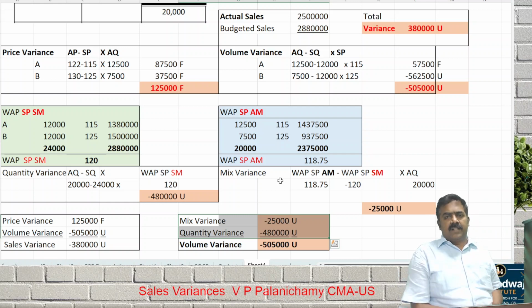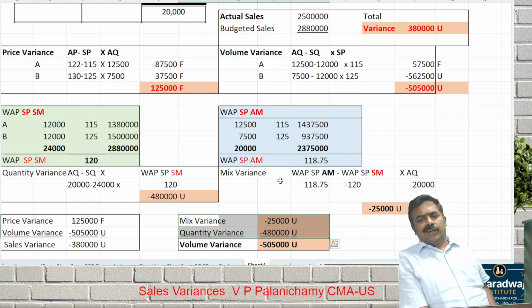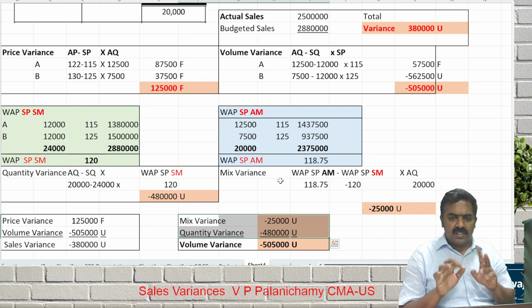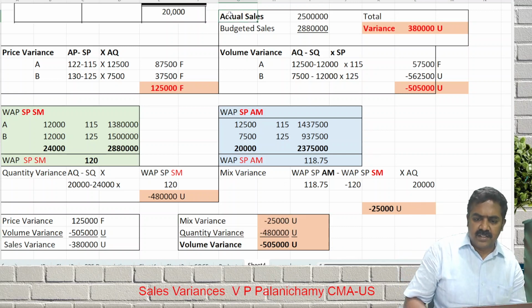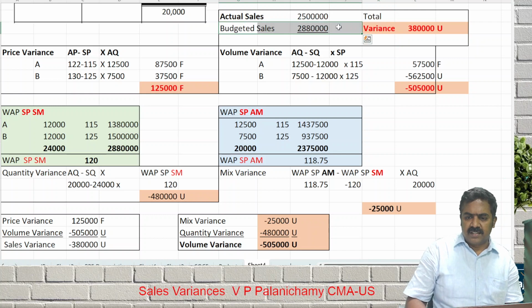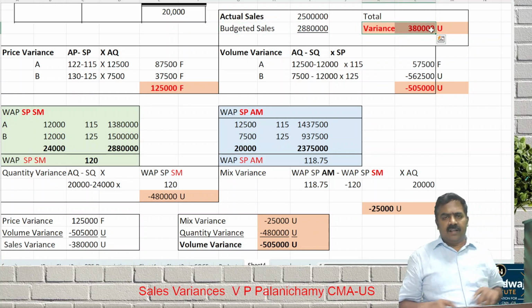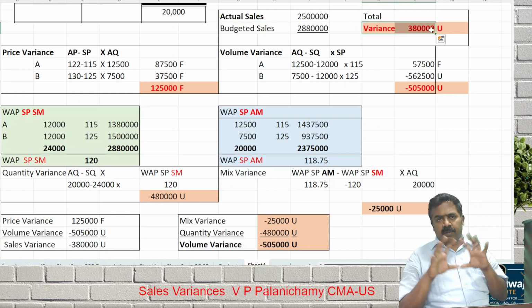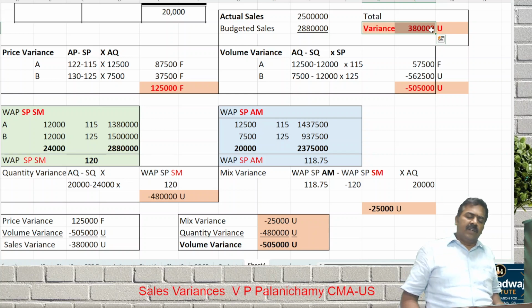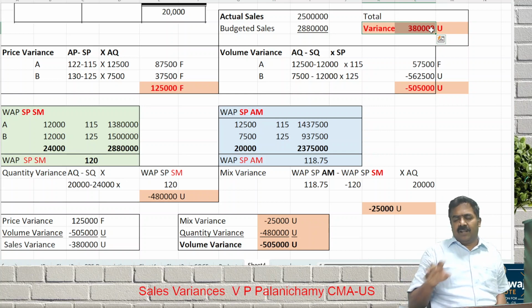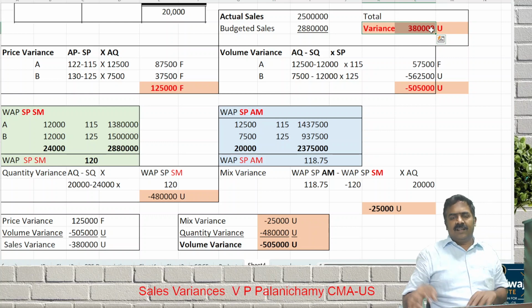This question can be tested in the essay type, where they can ask you to work out the variances. You can just key in the answers like actual sales, this amount, budgeted sales, this amount, variance. It will not be an Excel sheet. It will be a plain sheet where you are going to type it. No formatting will be there. You cannot give coloring. You cannot change the font. It will be like WordPad.